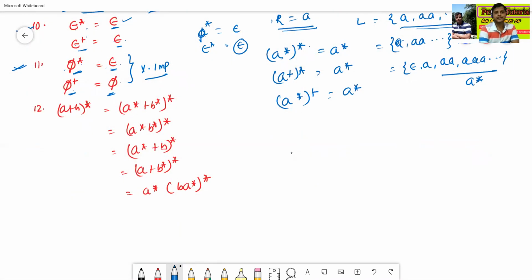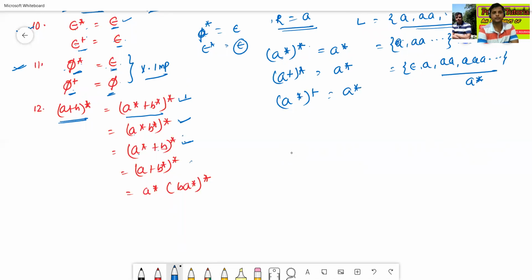The next identity: a plus b whole star is nothing but a star plus b star whole star. This is also one representation, a star into b star whole star.